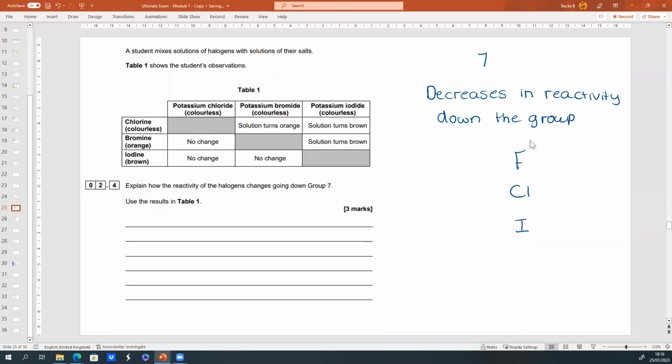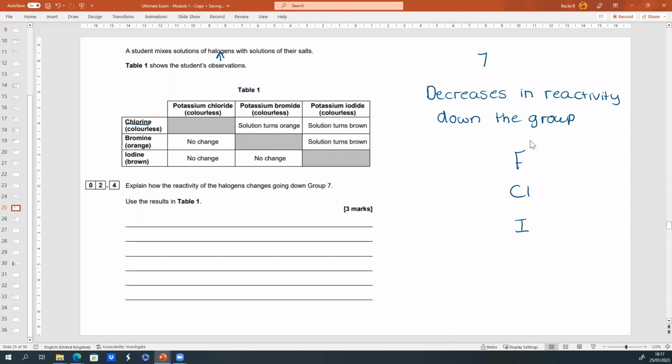And what we can do here, so we've got a student mixes solutions of halogens, so our group 7, with a solution of their salts. Table 1 shows the students' observations, so they're writing down what they saw happen. Okay, so what we're looking at is what halogen we've got.